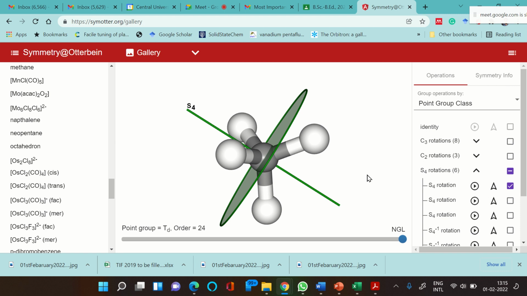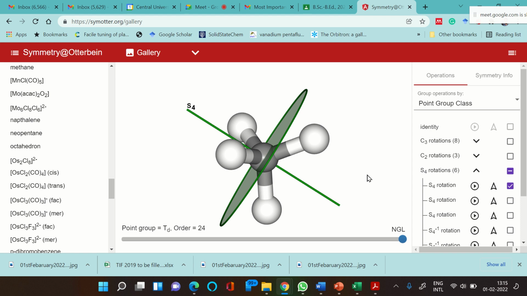In some cases two or three molecules have the same set of symmetry elements, so we say they have the same symmetry. Based on the symmetry elements present, we can categorize molecules into groups, which are called point groups.